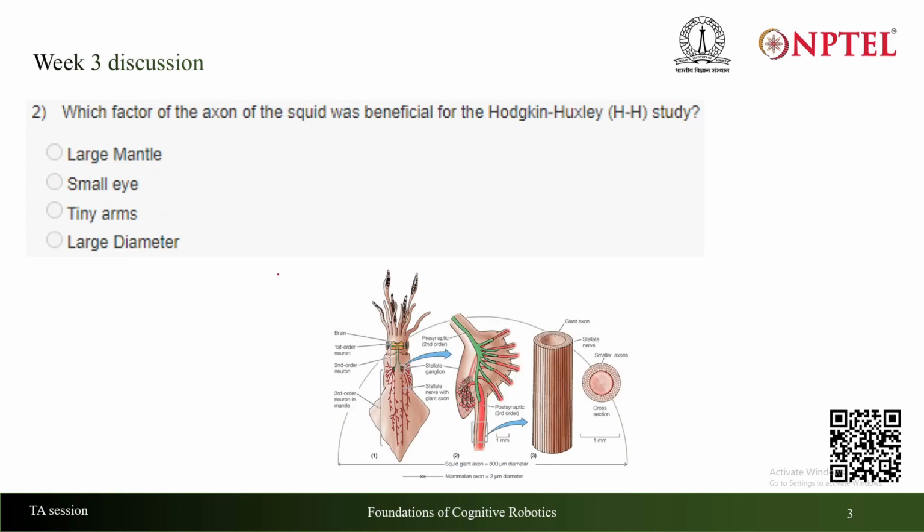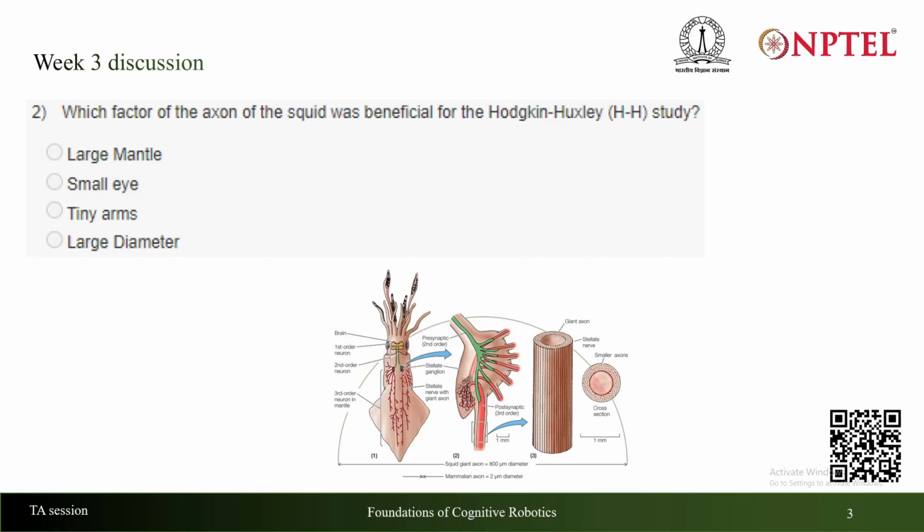Coming to the second question: which factor of the axon of a squid was beneficial to the Hodgkin and Huxley study? In squids, if you can see these neurons, they have very thick axons.